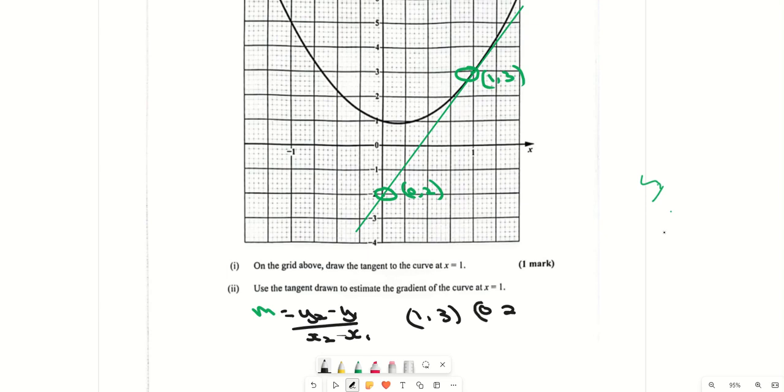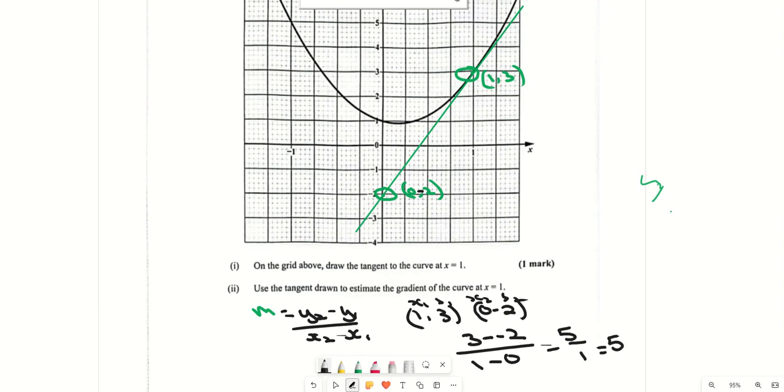Sorry, this is negative 2. So it is going to be 3 minus negative 2 over 1 minus 0, which is equal to 5 over 1, so the gradient is equal to 5.